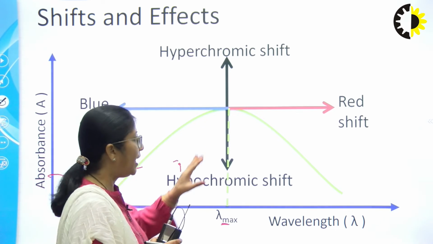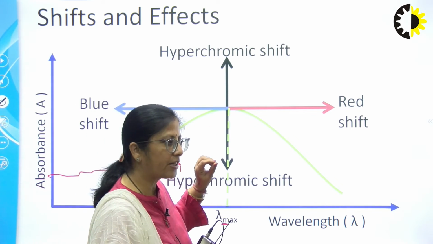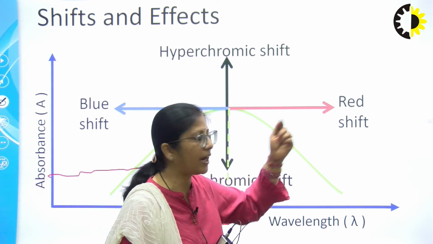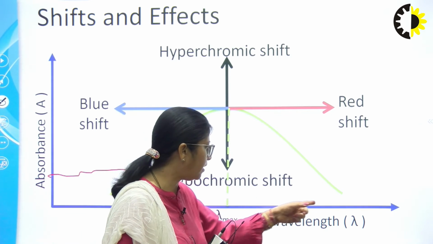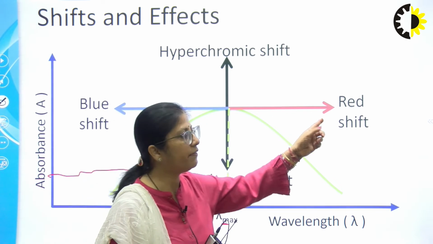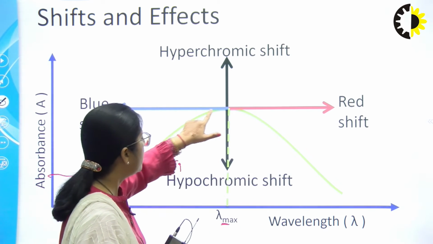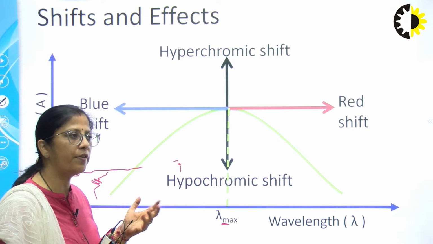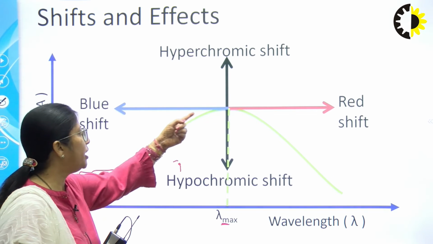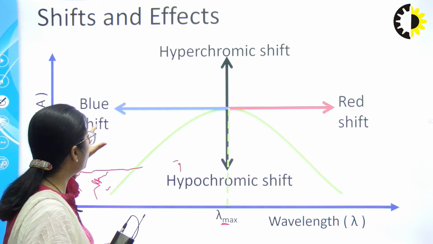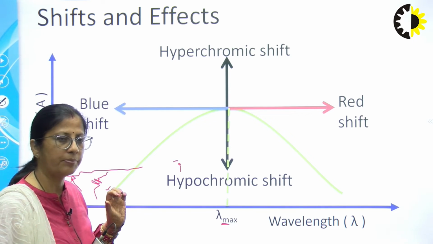And if by certain effect I am able to shift this lambda maxima towards the right side, that is towards the longer wavelength side, then it is known as the bathochromic shift or the red shift. If it shifts to the shorter wavelength or the higher frequency side, then it is the blue shift or the hypsochromic shift.